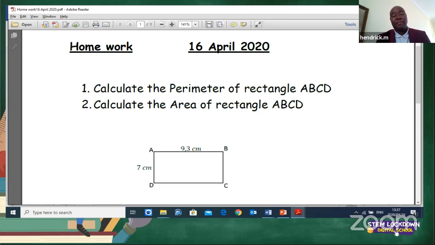The answer for A is 32,6. Okay, 32,6. How did you find it?